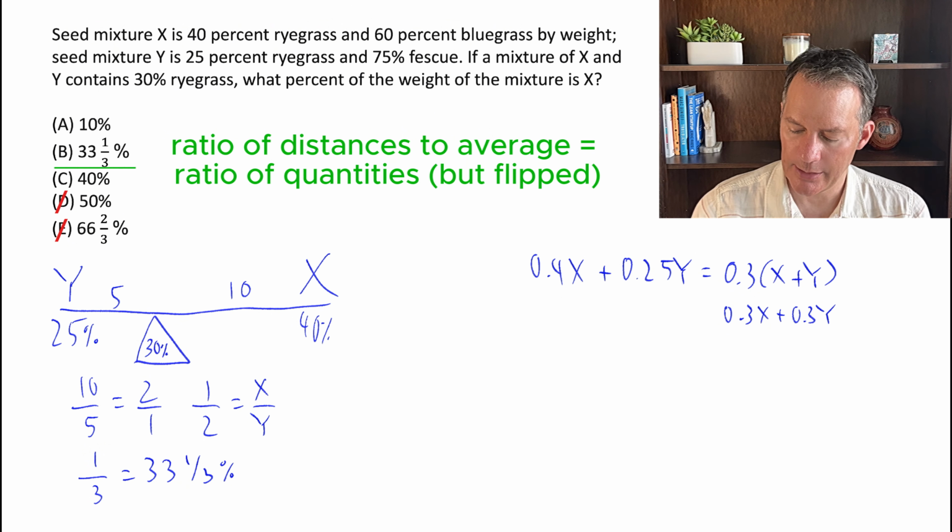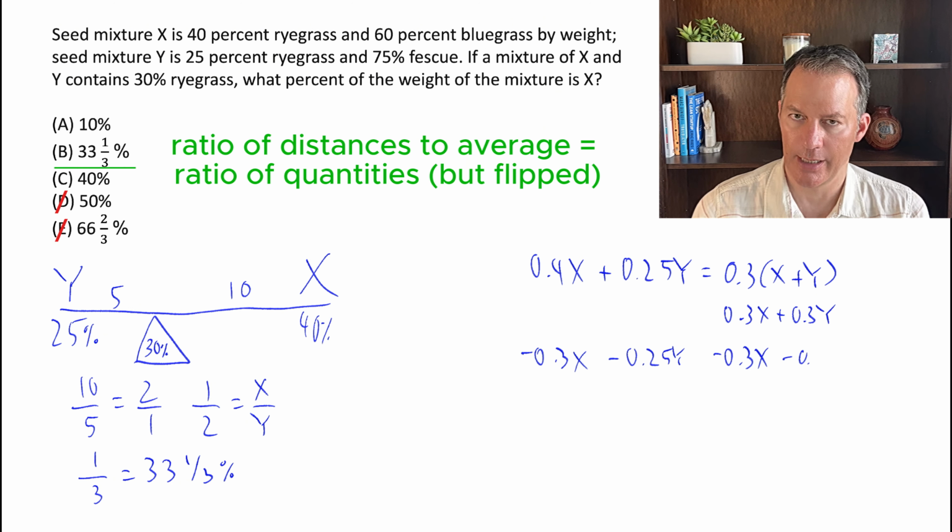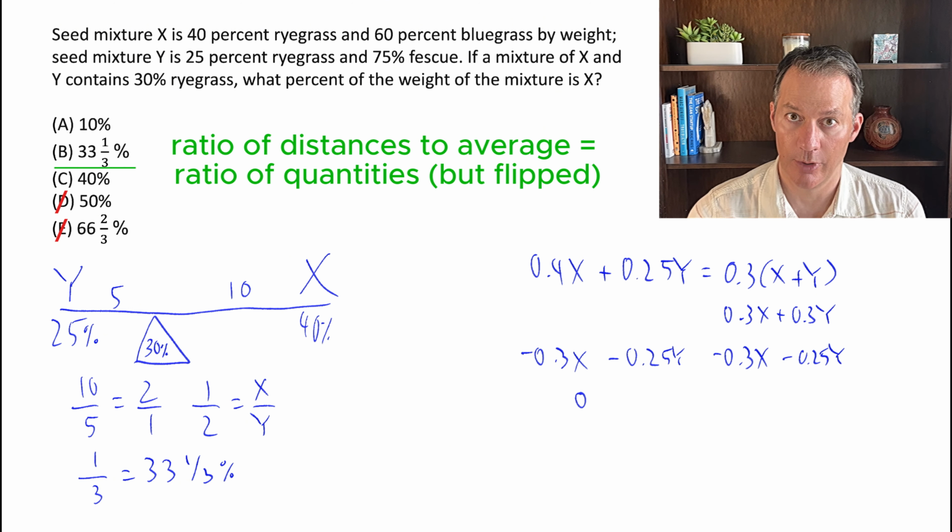And then we subtract 0.3x and 0.25y from both sides. So we get 0.1x equals 0.05y. Then multiply both sides by 20. So we get 2x equals y. So essentially y is twice x.